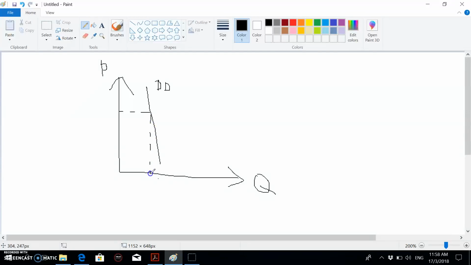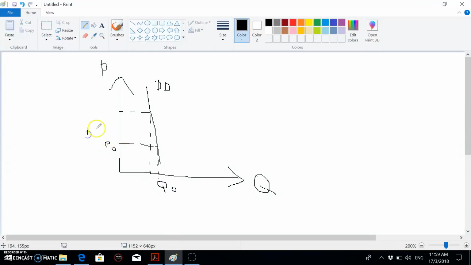I'm so sorry, this is the best that I can do. Let's say this is P0, and your quantity demanded for rice is Q0.